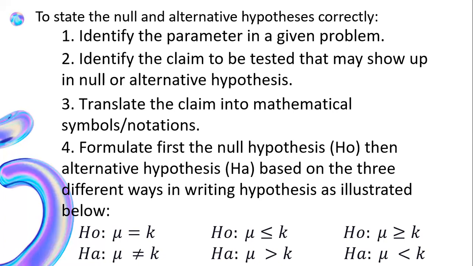And the last way by which we can formulate the null and the alternative hypothesis is that mu is greater than or equal to k, and for the alternative hypothesis, the population mean is less than k. So you can see now the different ways by which we can state the null and alternative hypothesis.